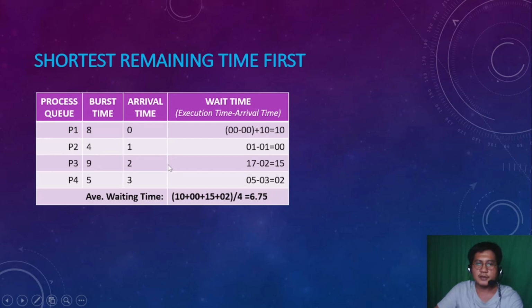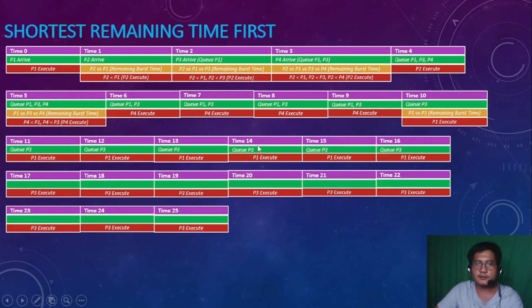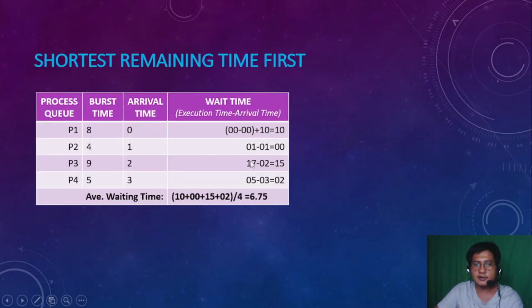And then for the process 3, it has an execution time of 17. So if we look back into our Gantt chart, at around time 17, process 3 has its time with the central processing unit to be processed from 17 to 25. So process 3 starts its execution on the CPU at around 17. So that is why we have here 17 minus 2. 2 comes from the arrival time, so we get 15 waiting time.